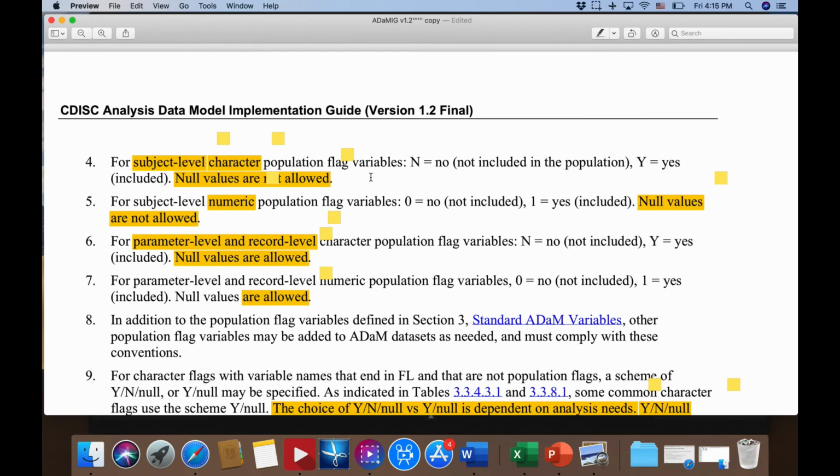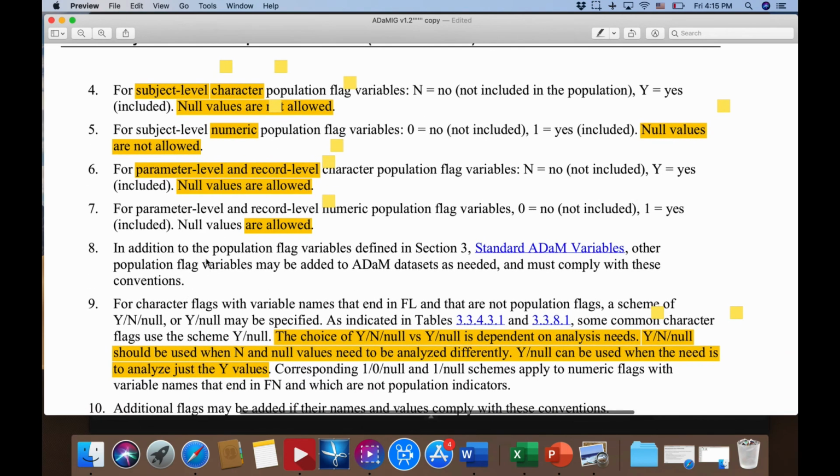And for the values of these population flags, for the subject level, null is not allowed. Same for the numeric variable. So null is not allowed. But for the parameter-level and record-level flags, null values are allowed.